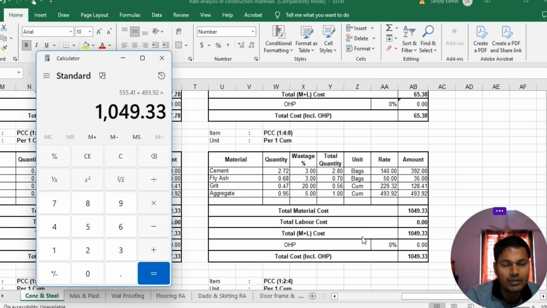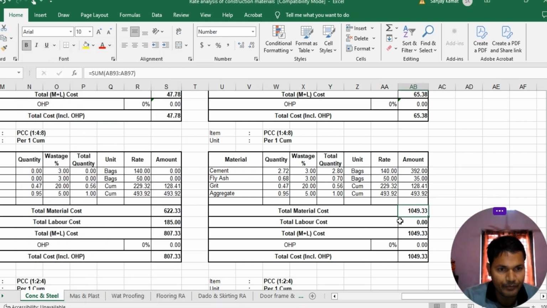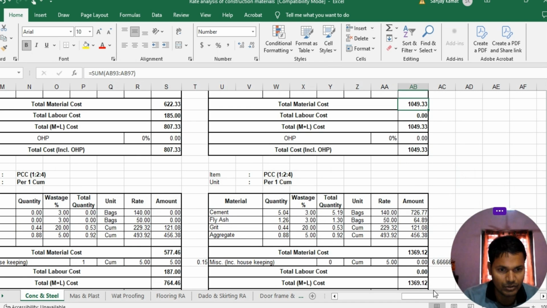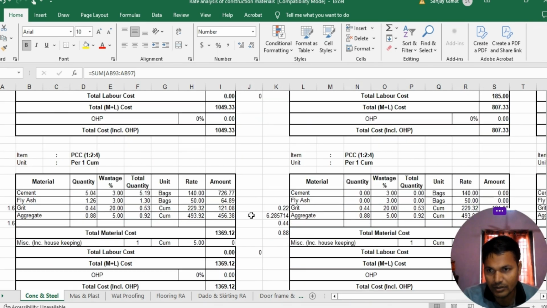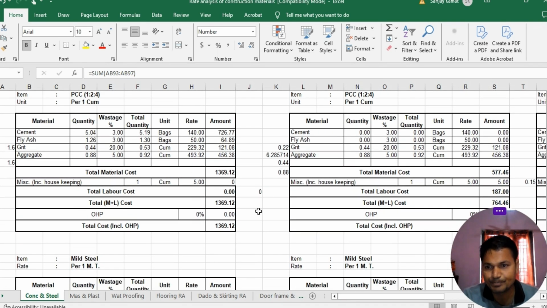Yes, it is absolutely correct. This time we have not used labor, so we will neglect the labor cost.